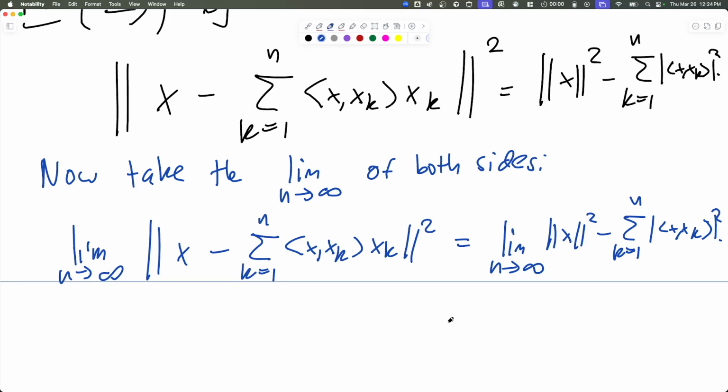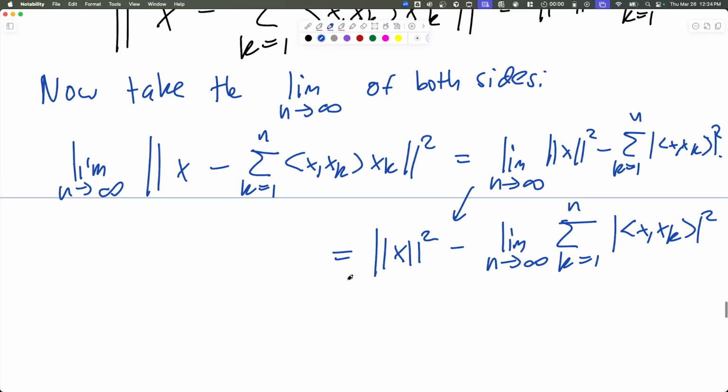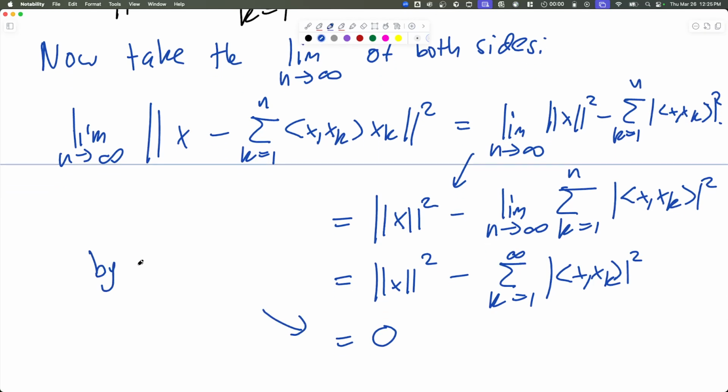So this thing equals the norm of x squared minus this limit, and that limit is exactly the infinite sum of the things. That's what an infinite sum means. And this is 0 by Parseval's formula.